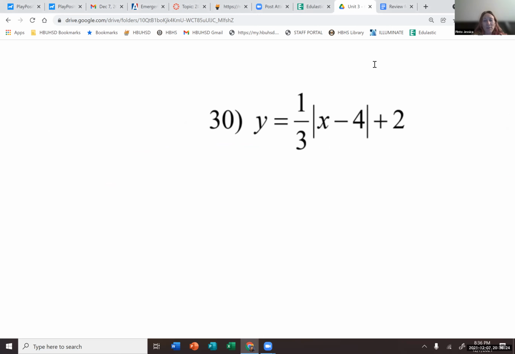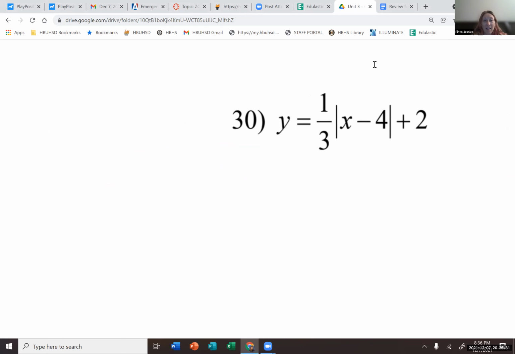30, another absolute value problem. I see this right away. I can see the vertex is 4, 2, and that it's facing up, right? Here's 4 for X, 2 for Y, right? And it's facing up. No X-intercepts. So let's find the Y-intercept, 0, comma, so that's 0, comma, 1/3.